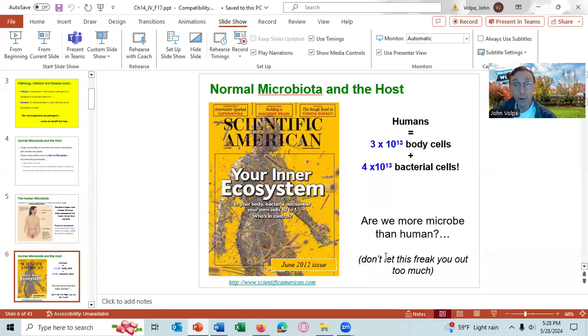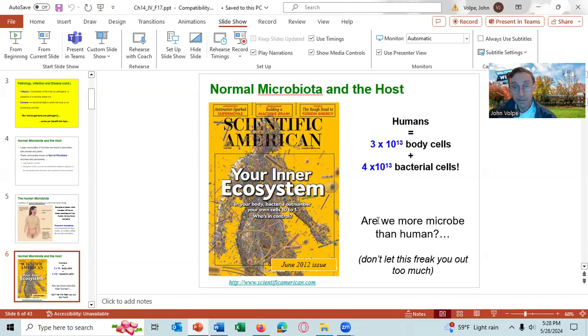All right, the normal microbiota on the host. Humans have 3 times 10 to the 13 human body cells. And growing in and on us, we have 4 times 10 to the 13th bacterial cells. This means there are more bacterial cells in and on us than there are human cells.